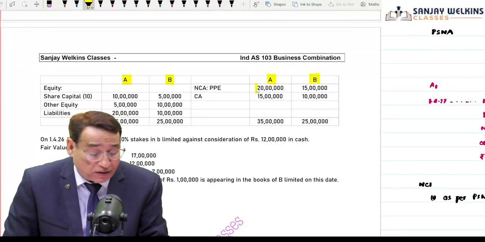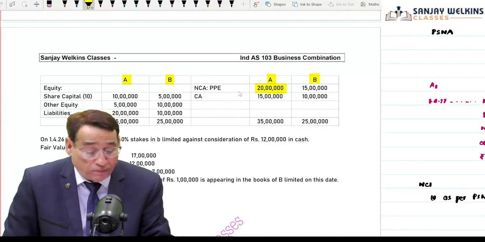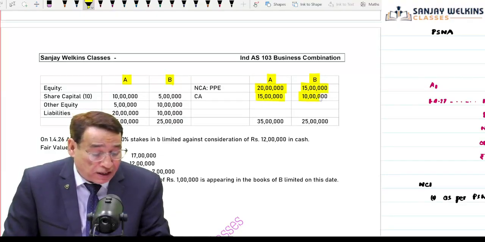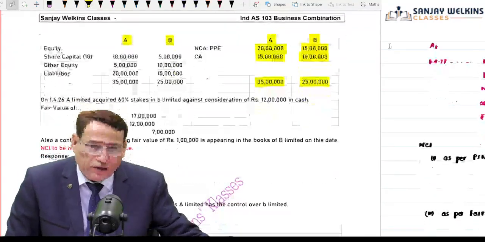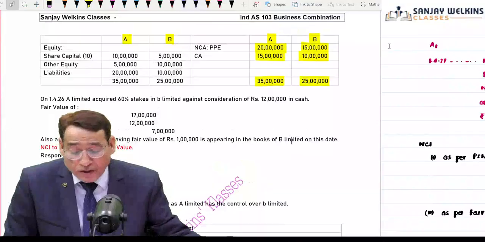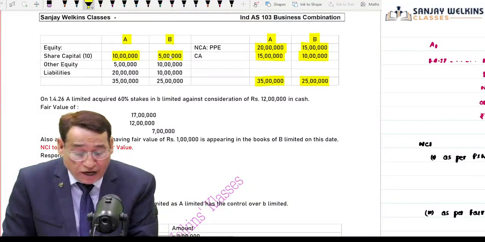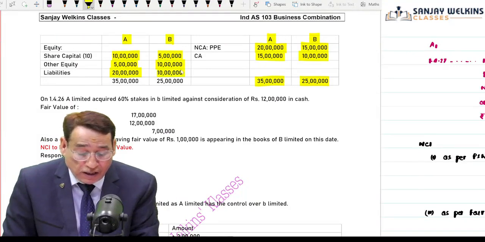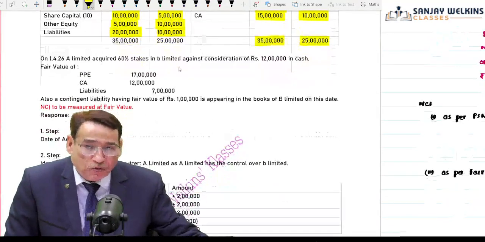Same amounts: property, plant and equipment 20 lakh, 15 lakh, current asset 15 lakh, 10 lakh, total 35 lakh, 25 lakh. Same figures. Share capital 10 lakh, 5 lakh, then other equity 5 lakh, 10 lakh, and liability 20 lakh and 10 lakh. Everything is the same so far.